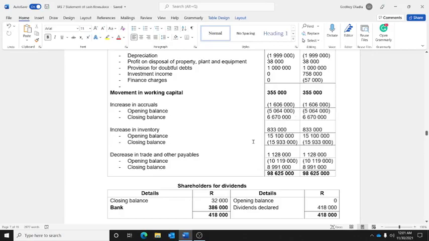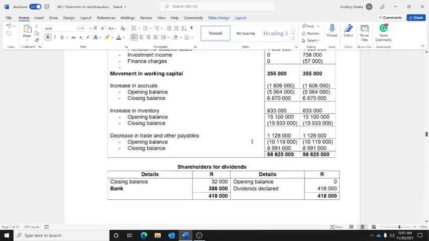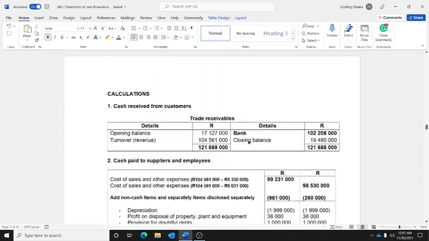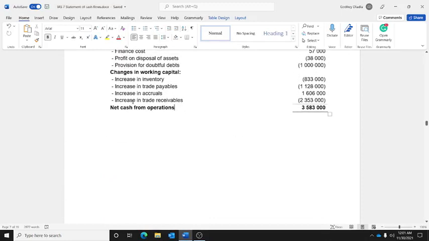So it's an increase in accruals. But this one is a decrease, cannot be. Okay, so this one is a decrease in trade payables. So your accruals are increasing. It's an inflow, this one. Right, it's an inflow.